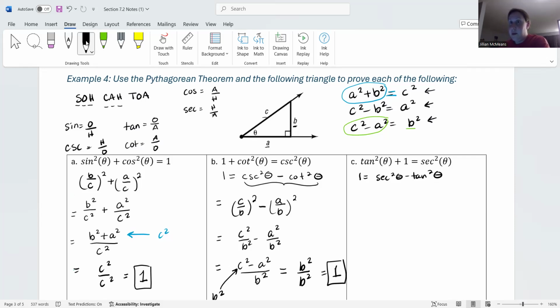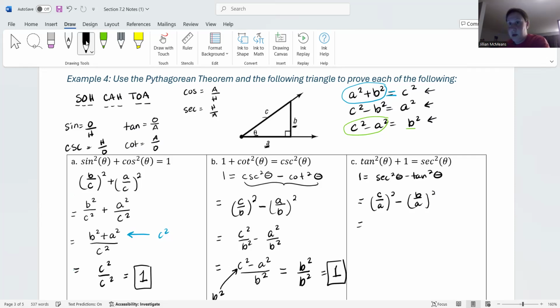So we want to get the hypotenuse over the adjacent side. So this is going to equal c over a, and because we have secant squared, we want to square this fraction. Now, tangent, we know, is opposite over adjacent, okay? So when we're looking at theta here, the opposite side is b, the adjacent side is a. So we get b over a squared.